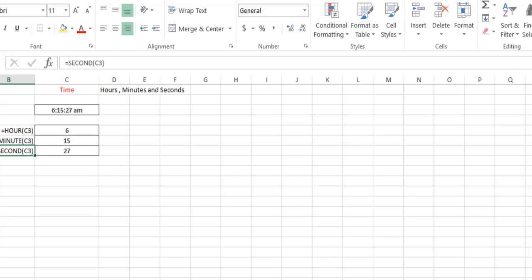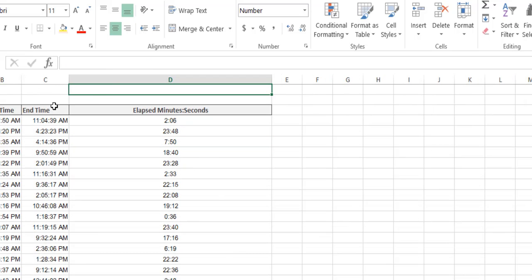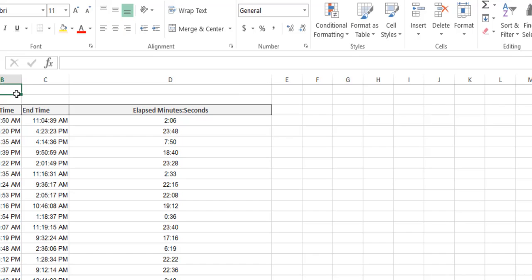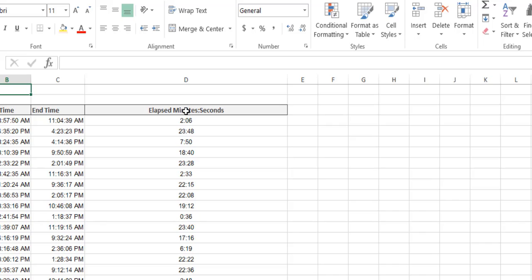Let's see some more important calculations of times. Now look at this. In this given sheet, we can find out and calculate the elapsed minutes and seconds.